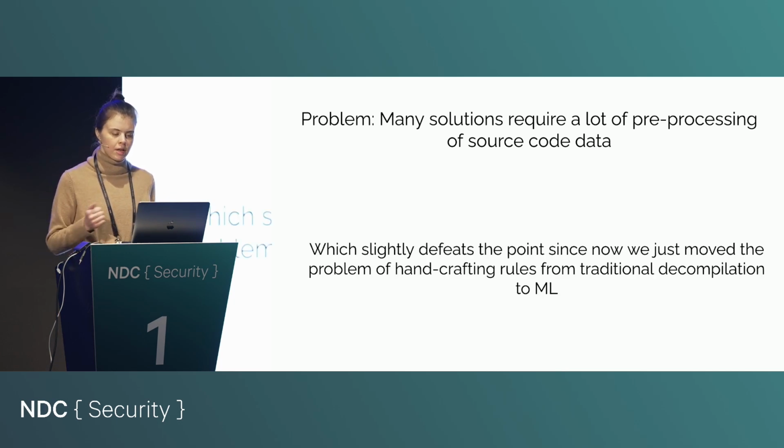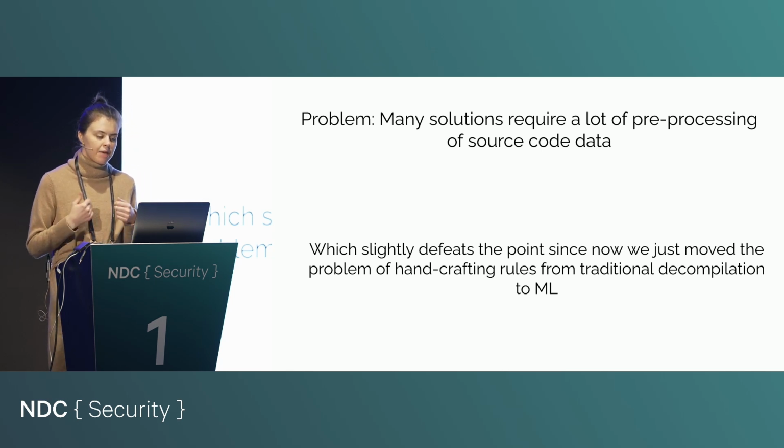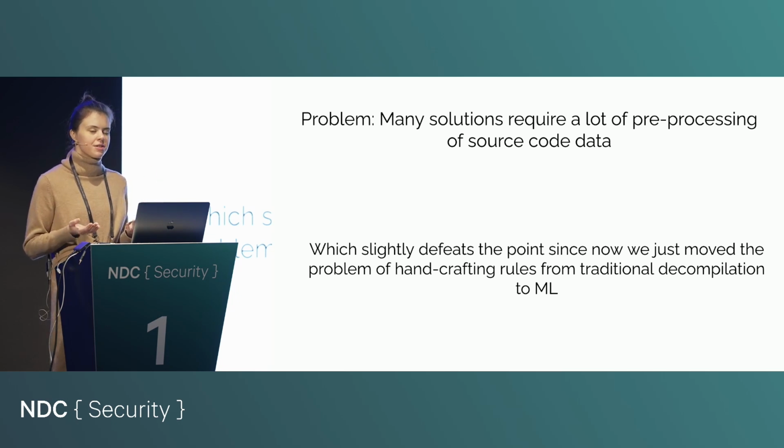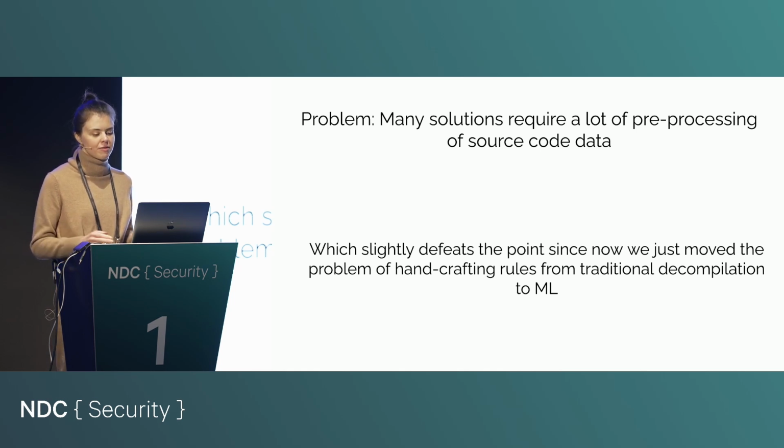And to me, this slightly defeated the point of trying to build a machine learning based decompiler, because what we've done just now is we've taken the problem of handcrafting rules or handcrafting different kinds of pattern mappings from traditional decompilers like Ghidra, and we've just reintroduced the same problem back into the machine learning approach. So hopefully there could be something that wouldn't require so much handcrafting, that could be more automated, or maybe this is utopian thinking.